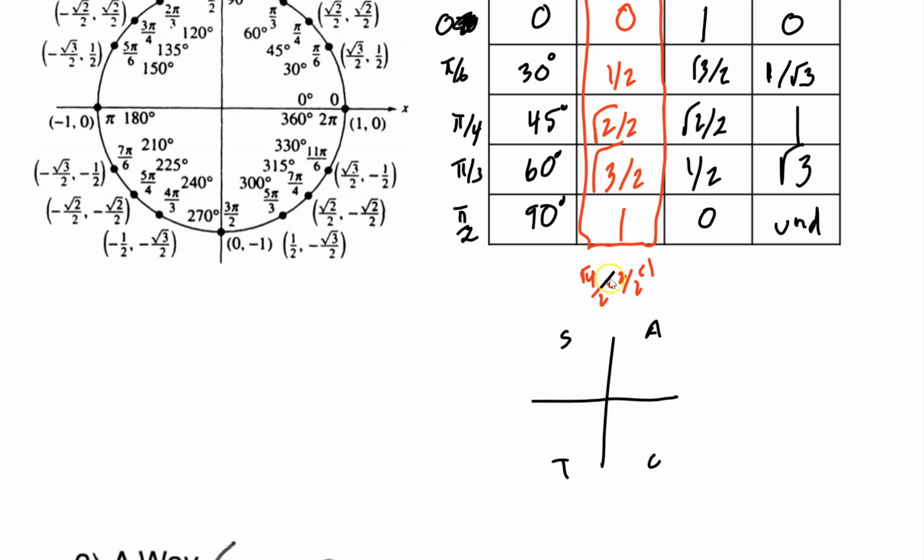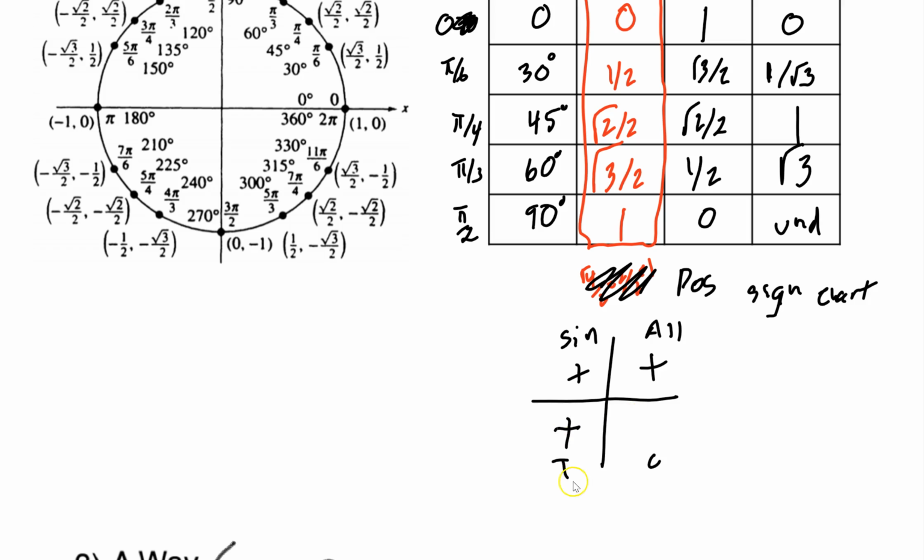This is a positive sign chart. This lets you know where stuff's positive. So in quadrant 1, they're all positive. In quadrant 2, only sine is. If you notice up here, the y values are positive, so sine values are positive, and the other things are negative. In quadrant 3, both values are negative, but tan would be the ratio, so that makes it positive.